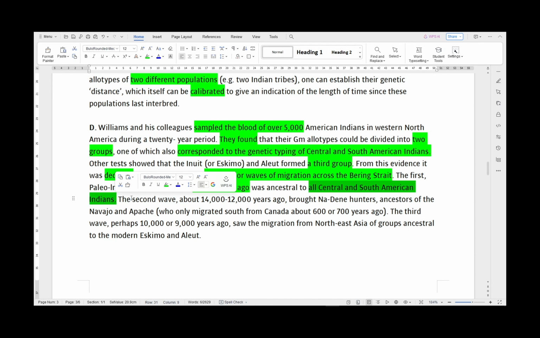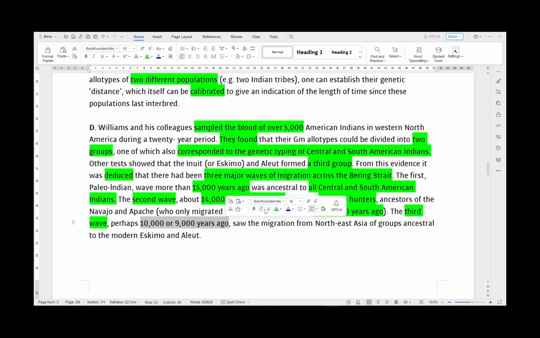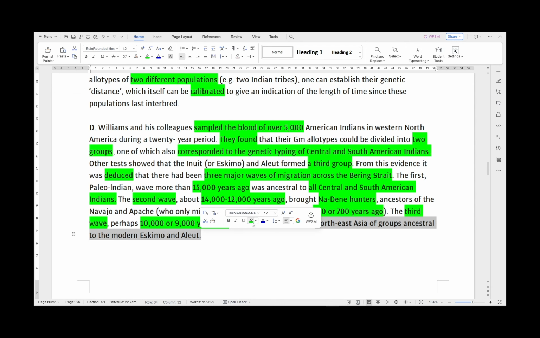And the second wave, 14 to 12,000 years ago, Na-Dene hunters, ancestors of the Navajo or Apache, who only migrated south from Canada about 600 to 700 years ago. The third wave, 10,000 or 9,000 years ago, saw the migration from Northeast Asia of groups ancestral to the modern Eskimo or Inuit.